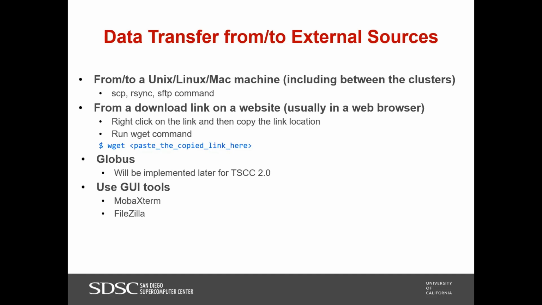And lastly, do we need to transfer all data from project and home directory? For the project directory, you don't need to transfer data because the project will be mounted to TSCC2 directly, so you don't have to transfer your files in projects.